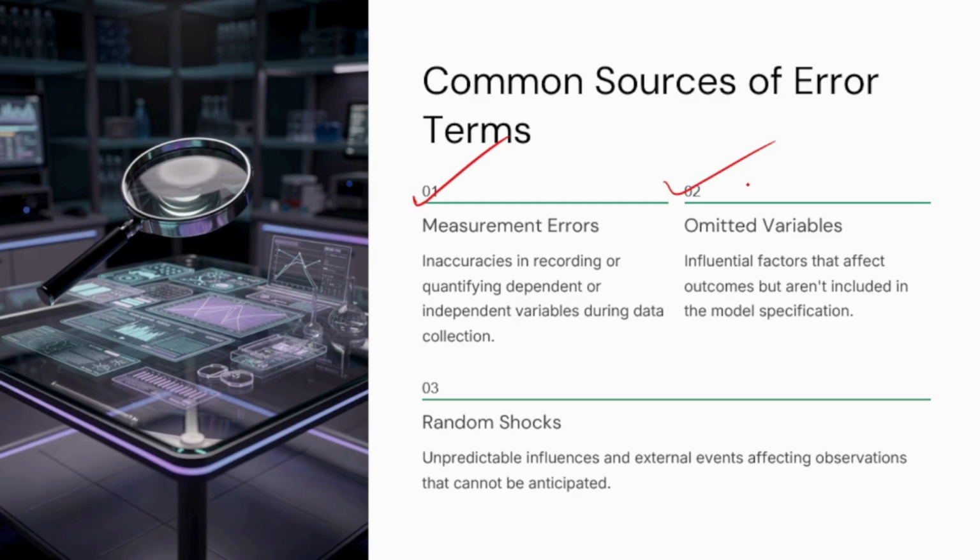We have seen that apart from your independent variable, there can be so many other factors which may also affect your dependent variable, and those omitted variables will be captured by the error term. Third one is the random shocks. In the data series, there can be some periods where there will be crisis in the economy, or there can be policy changes. Because of that, there will be abnormal changes in the data series, and that will be captured by the error term.